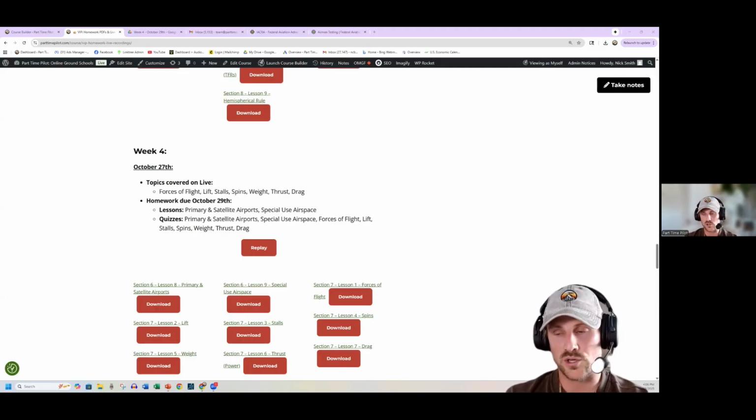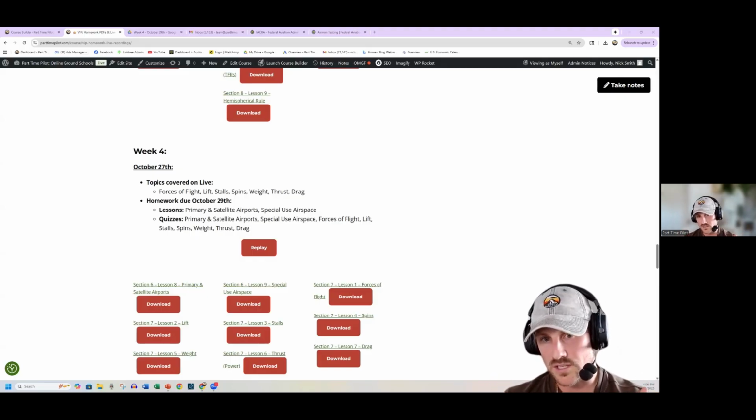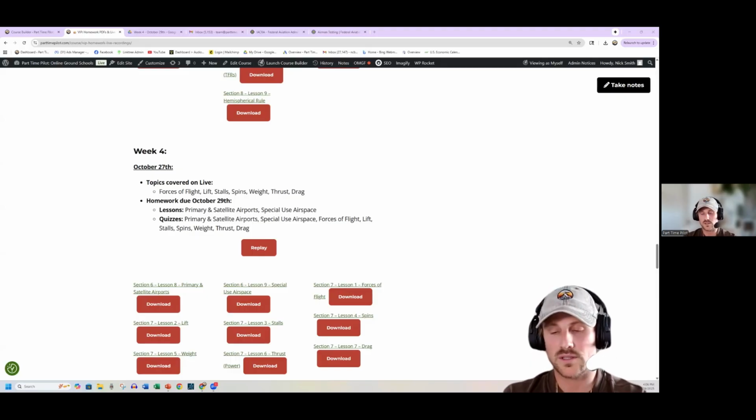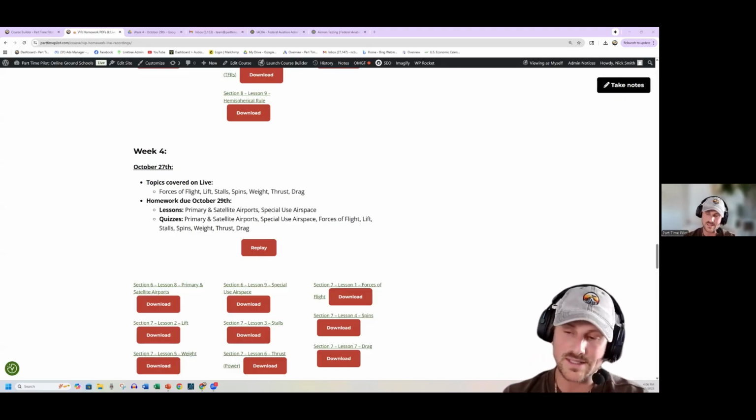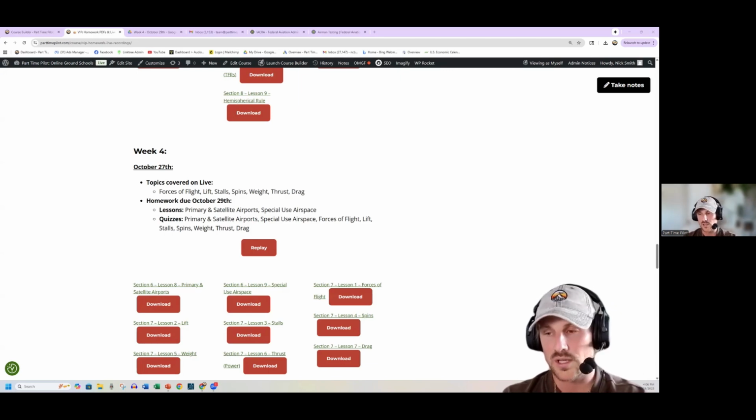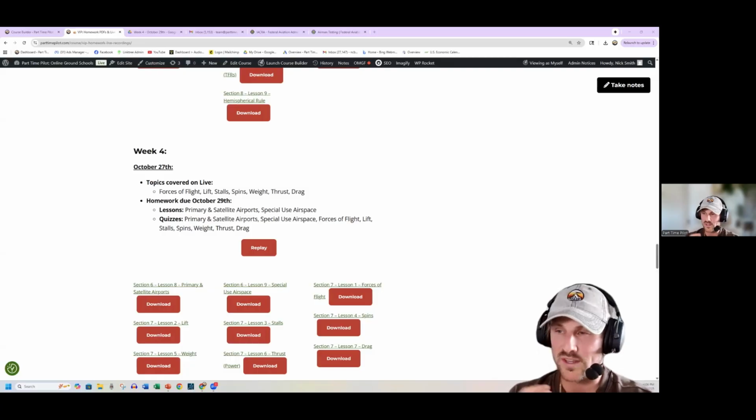The glide ratio is the amount of distance you can travel while gliding over the amount of altitude you lose. So we can think of it in feet.